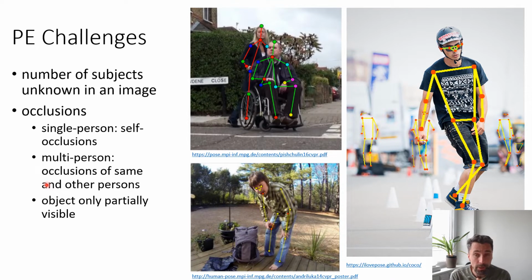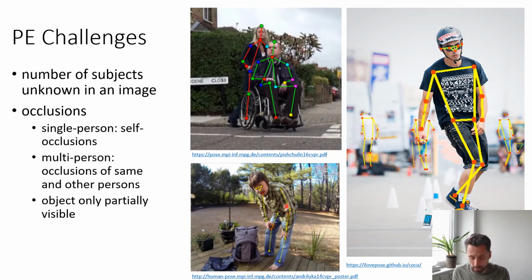Now, pose estimation comes with a couple of challenges. Many challenges are vision related and are not specific to pose estimation. So, for example, image blur or scale changes, like you can see here, or some of those features will be occluded by other objects or other instances of the objects that we are looking for, or even like here, the hip of the person is occluded by the person's arm.